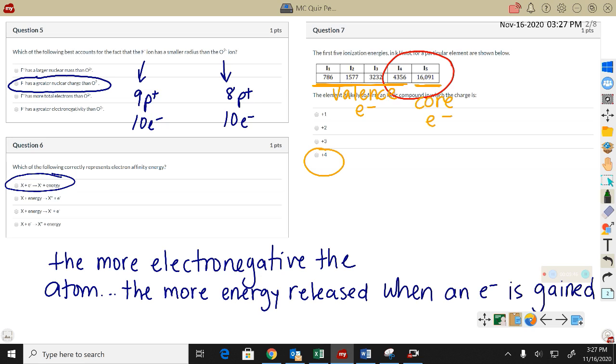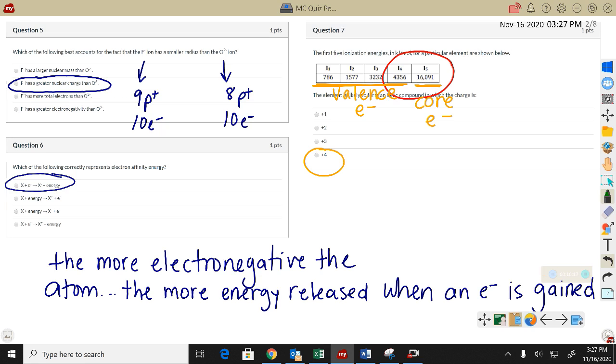Okay, so electronegativity is the ability to attract and steal electrons. When you put the electron in the outer shell, fluorine has become more stable. The fluorine ion is more stable than the fluorine atom because now we've got the full outer shell. Stable means low energy. So when I gain the electron, energy is released.